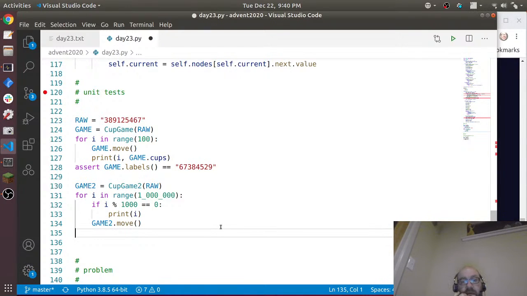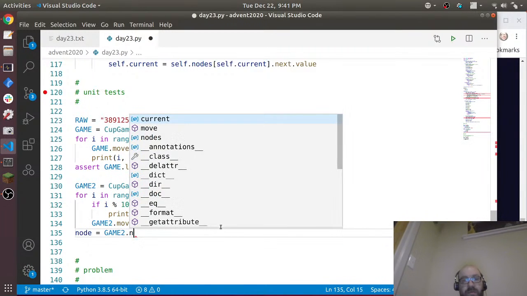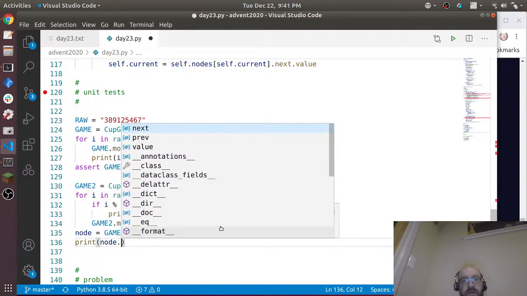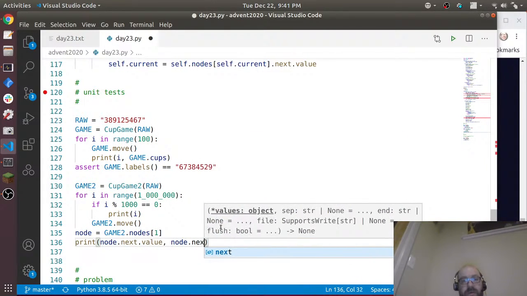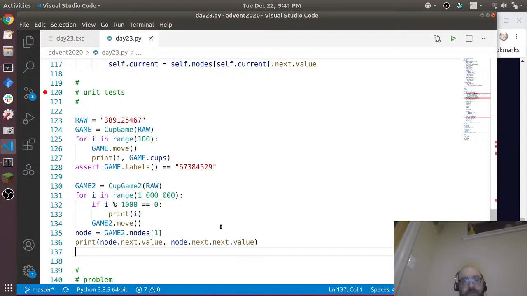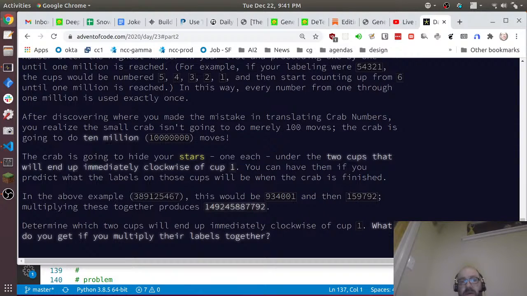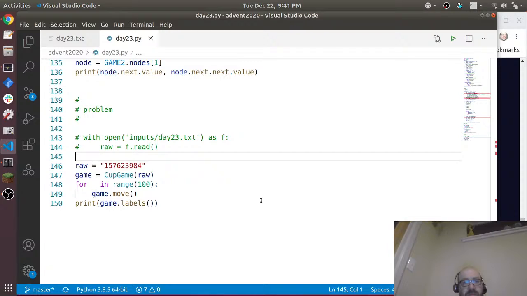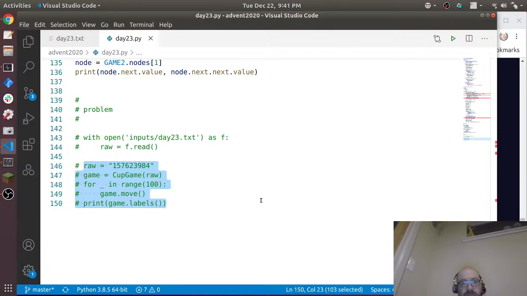And now what I want to do is say node equals game2.nodes 1 and print node.next.value, node.next.next.value. Okay, and so let's just run this and see what happens.